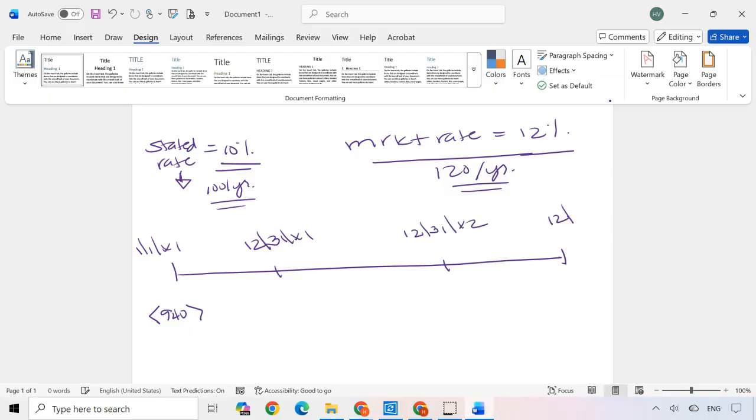So the way Apple entices me to buy that bond is by giving me a discount. So I give Apple $940 on 1/1/X1.